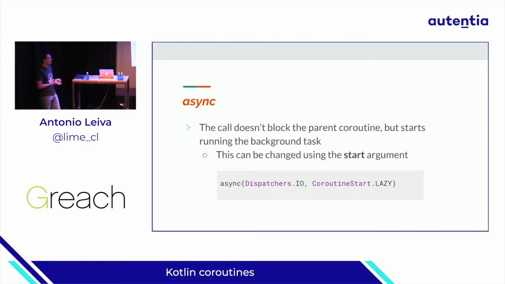This, in general, doesn't make much sense, but imagine a situation where you can run or not run a part of that async depending on some conditions. You can block the execution of that task until you call await. So it's a way to do that lazily.